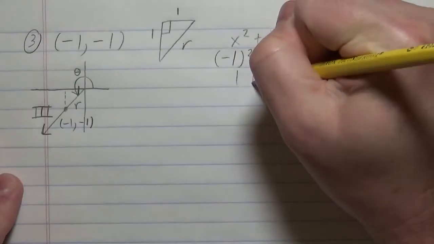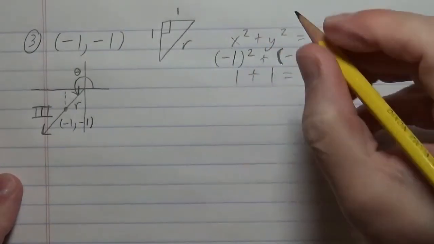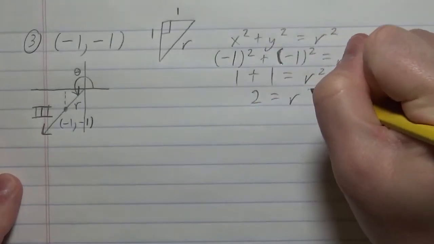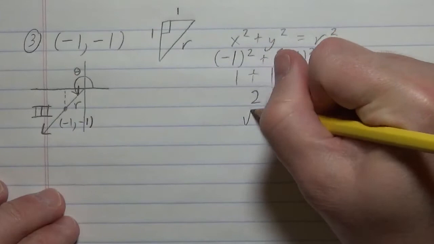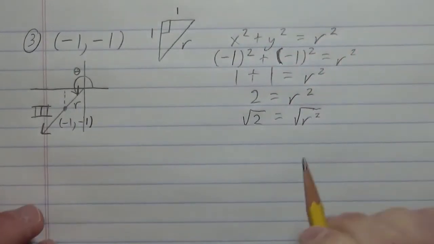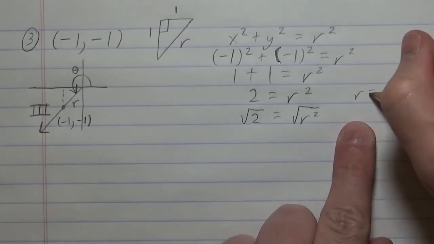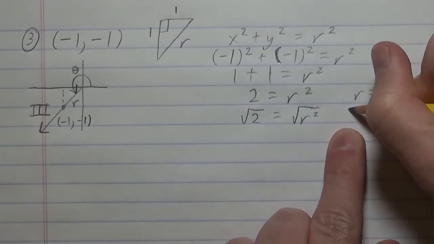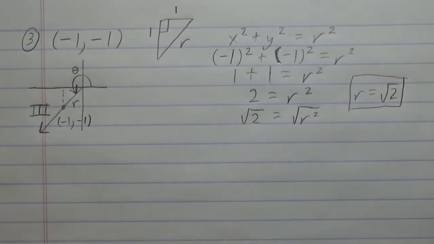This is 1 plus 1 equals r squared. 2 equals r squared. We square root both sides. Since r is a length, we get r to be the square root of 2, which we're going to leave as the square root of 2 and not put in the calculator and get a decimal. Ideally, we do all of these without a calculator.